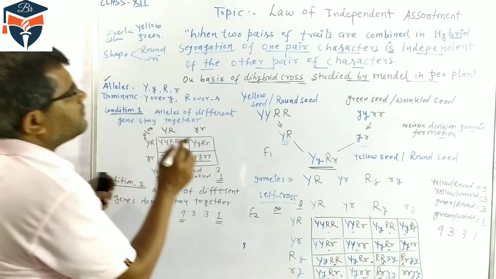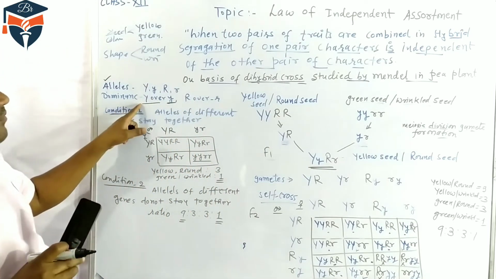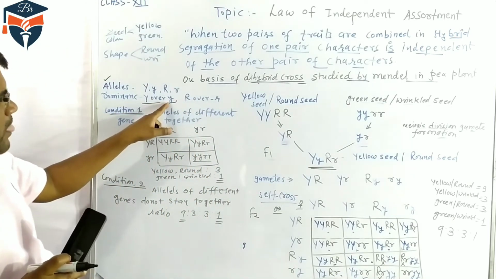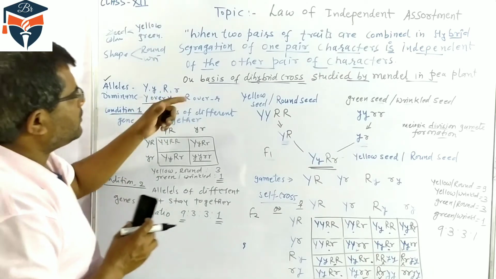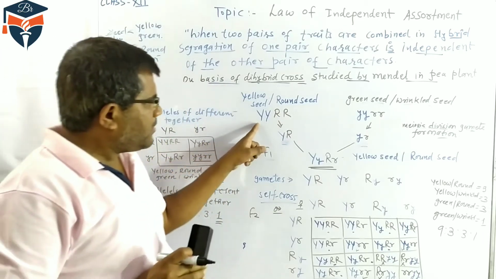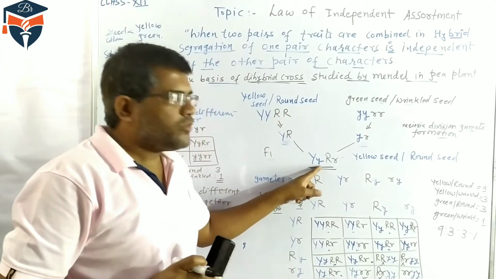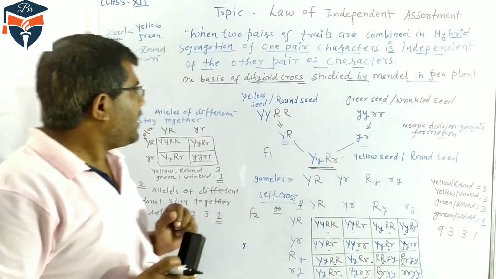Out of these, capital Y is dominant over small y, and capital R is dominant over small r.